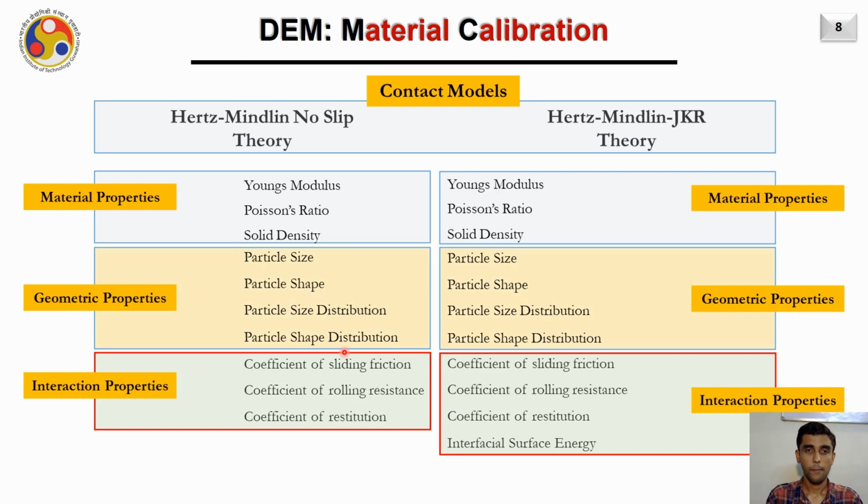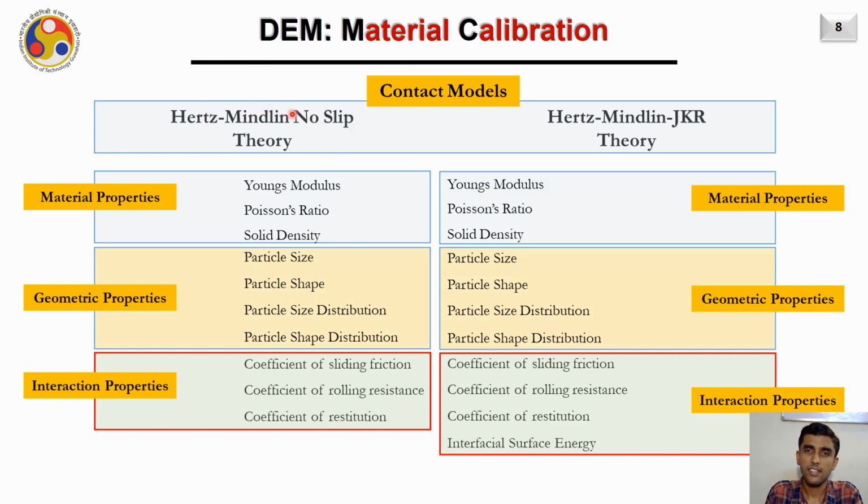As I previously mentioned, there are several user inputs required in discrete element simulations, as with any simulation. Here I have categorized these user inputs into three segments: material properties, geometric properties, and interaction properties.